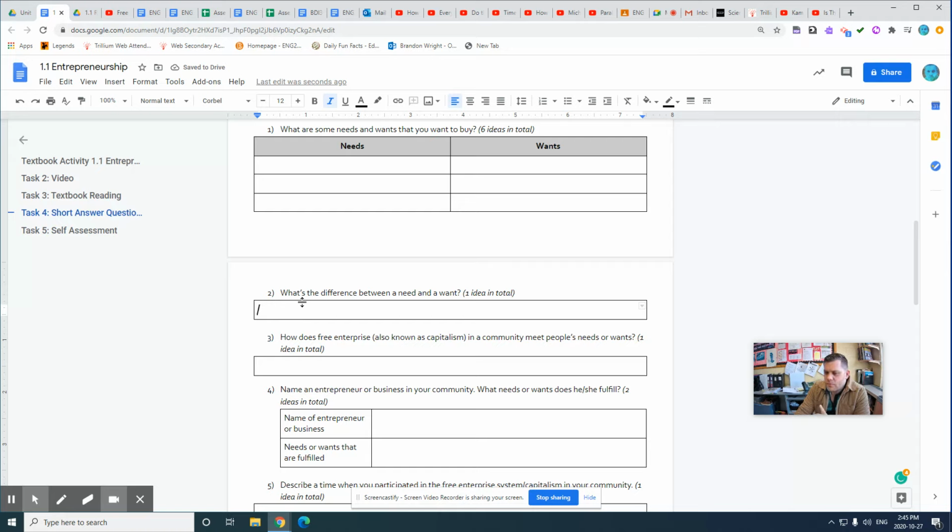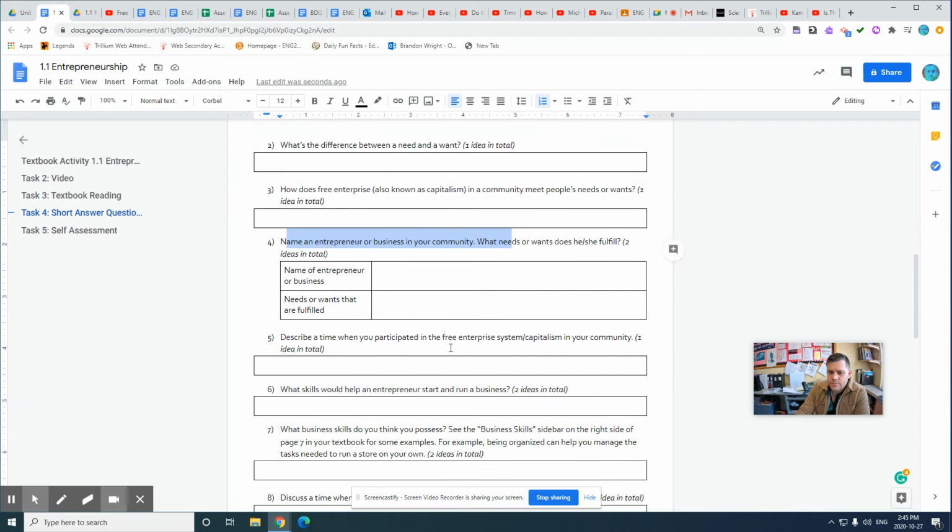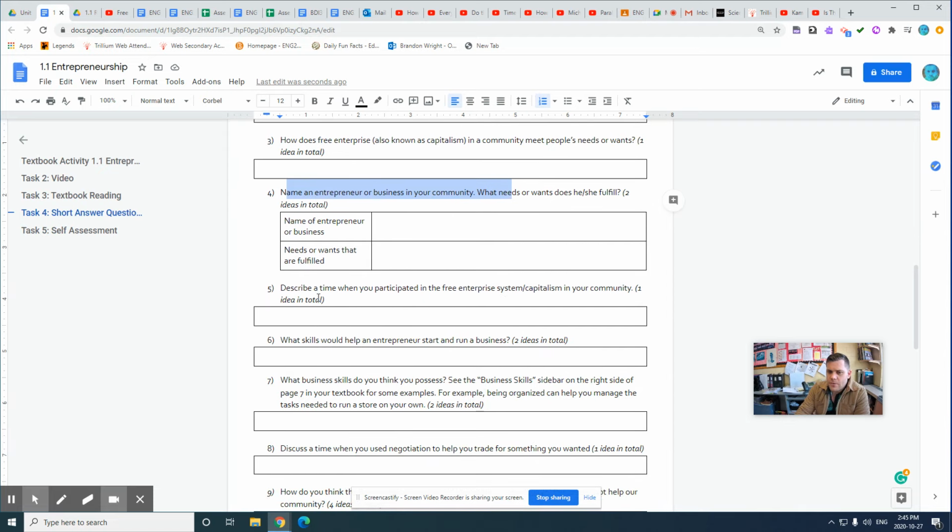Next, tell me what the difference between a need and a want is. How does free enterprise or capitalism in a community meet people's wants or needs? Name an entrepreneur or business in your community, and what needs does he or she fulfill? Describe a time where you participated in a free enterprise or capitalist system in your community. And we do this all the time.